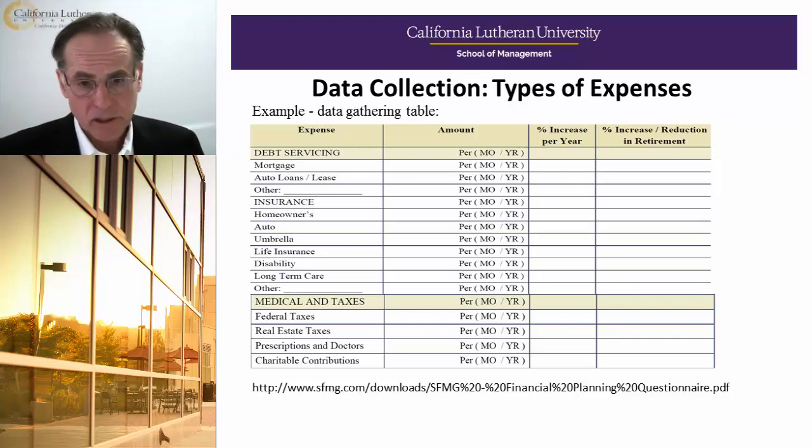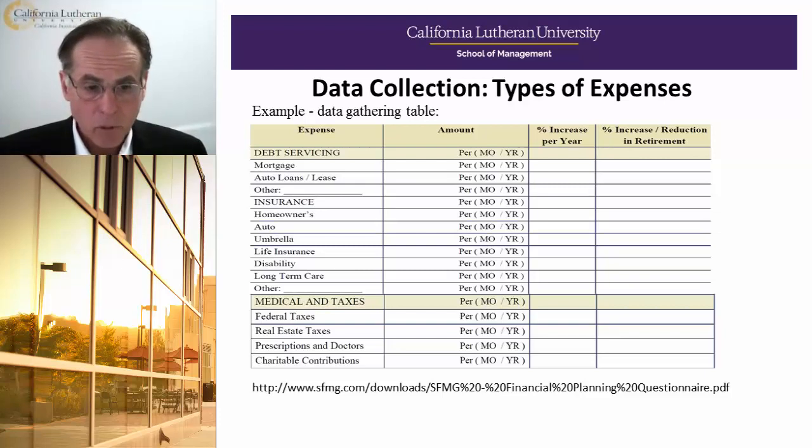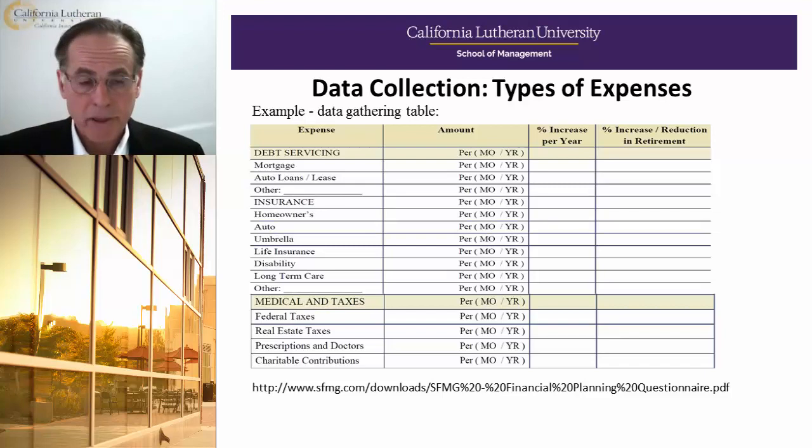Now here's another sample checklist or table, and this one I just found online, and you too can go online, Google data questionnaire or something along that line .pdf, and you'll start to get a lot of the planning questionnaires, and you'll see a lot of similarity, the data gathering table. But one useful thing about this is notice all the different line items.